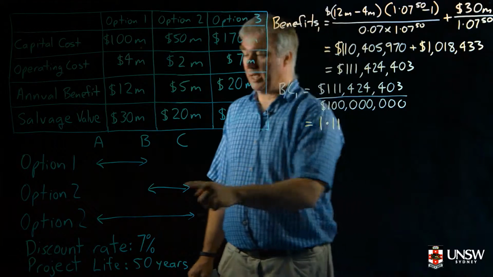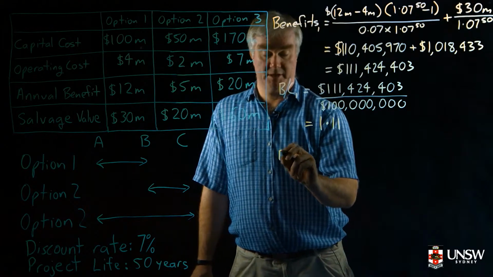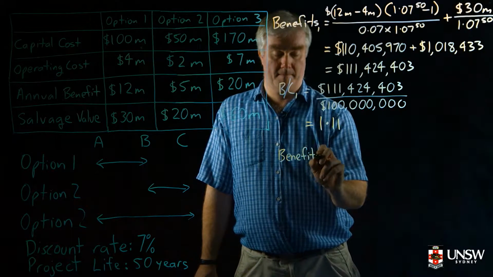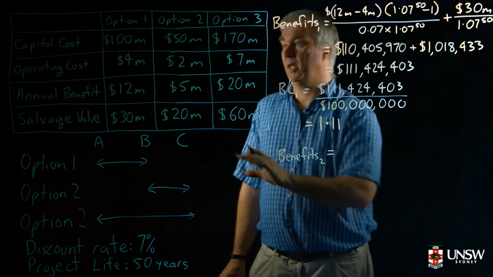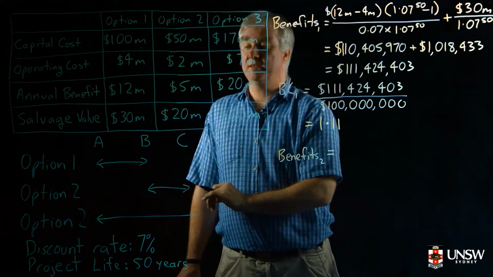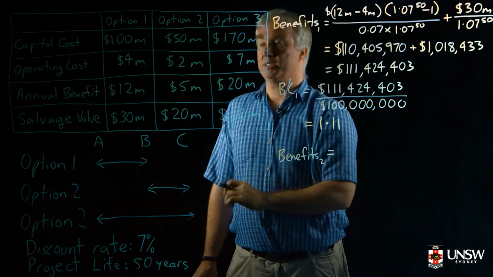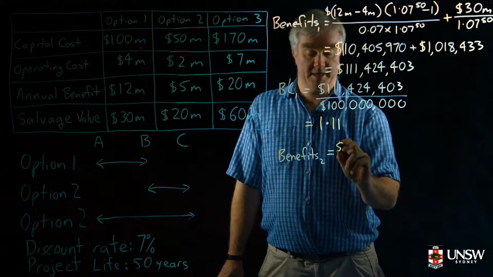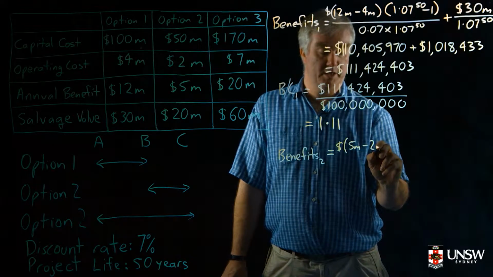Now let's look at option 2 and see if it's worth doing that. So benefits for option 2. Well, it's basically the same formula, but different numbers. In this case, we're only getting $5 million worth of benefit, but it's costing us $2 million to get that benefit. So it's going to be 5 million minus 2 million.